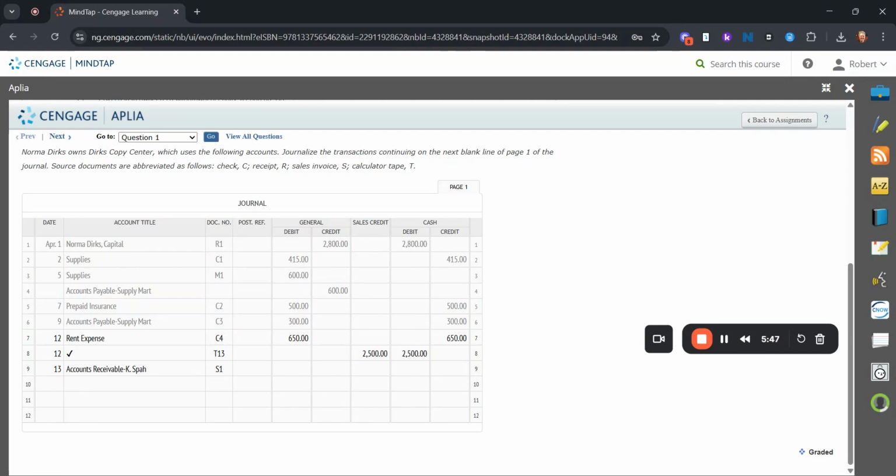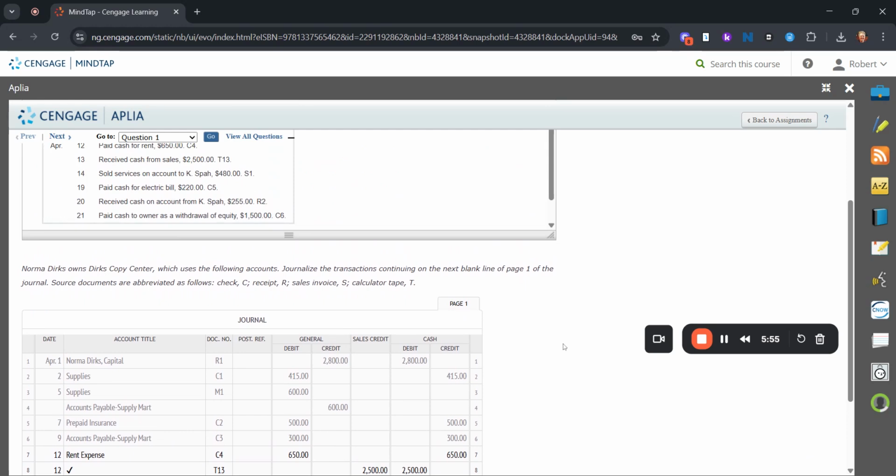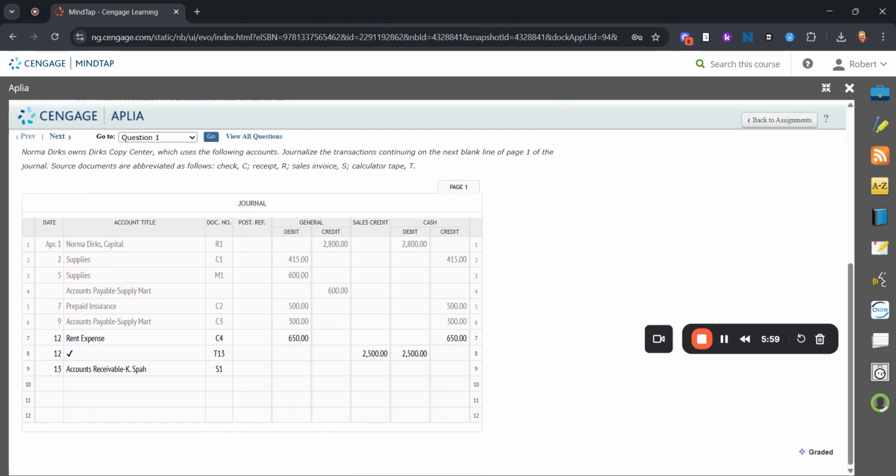So the amount of money that K Spa owes to Norma Dirks has increased. So an increase in the asset is going to go as a debit entry. That's $480, so 480 debit. The sale, we'll put under the sales credit column, 480.